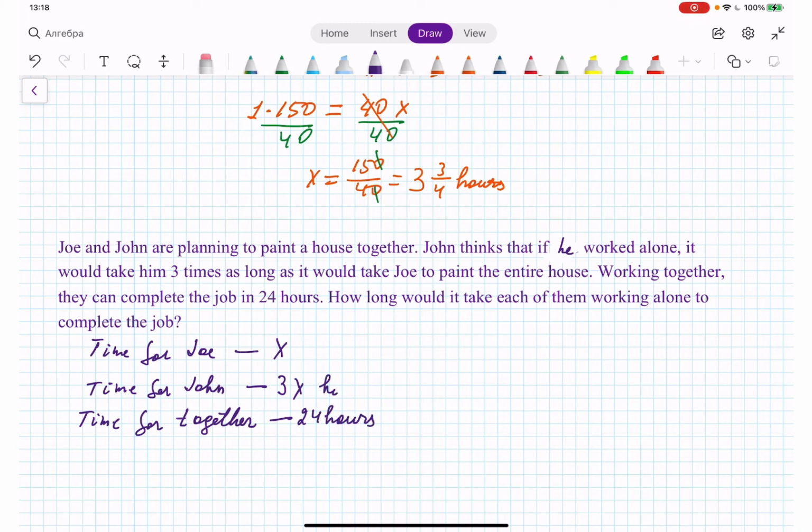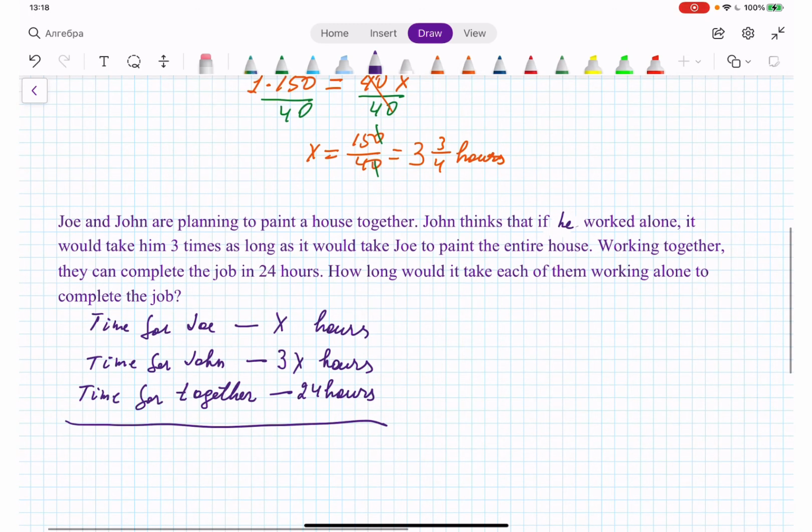In this case, we know that together it will take them 24. How long would it take each of them alone to complete the job? So we need to find x and 3x, time for Joe and time for John.